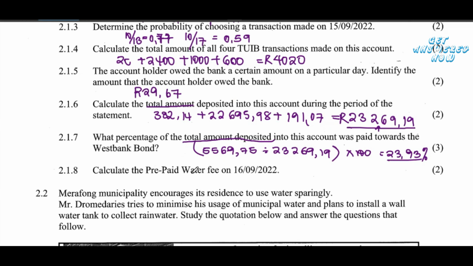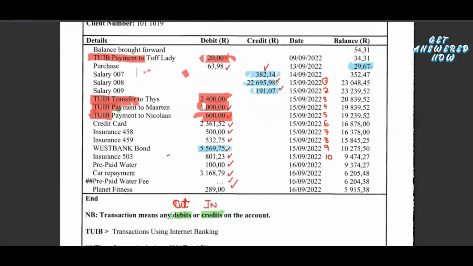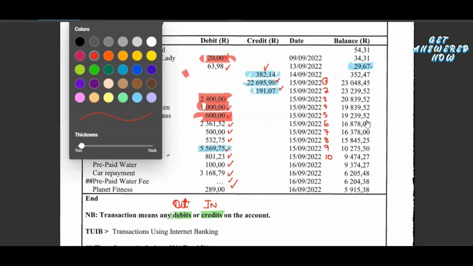Calculate the pre-water fee on the 16th. Let's go and we check there. Now, when you look at the statement clearly, the values that are in the balances, for example, balance brought forward.